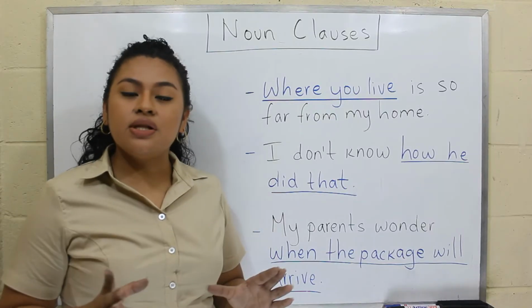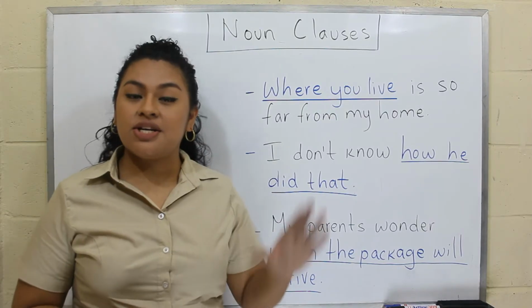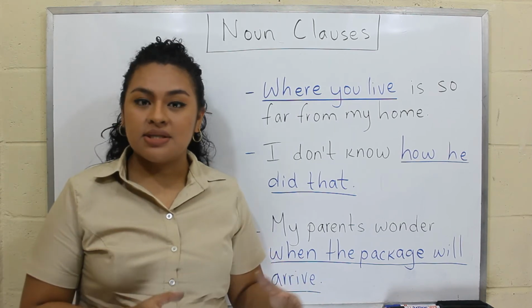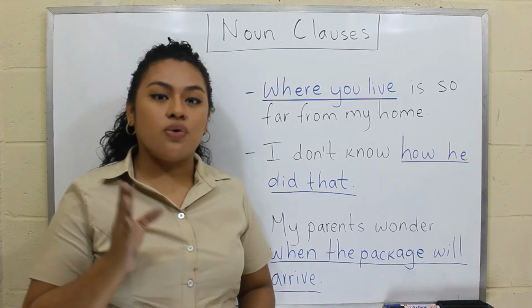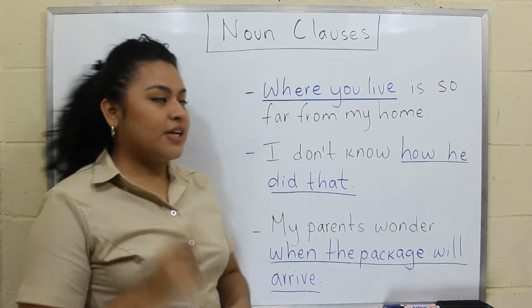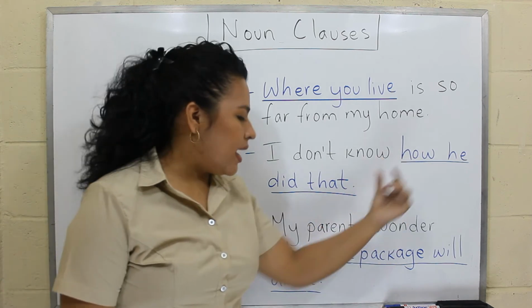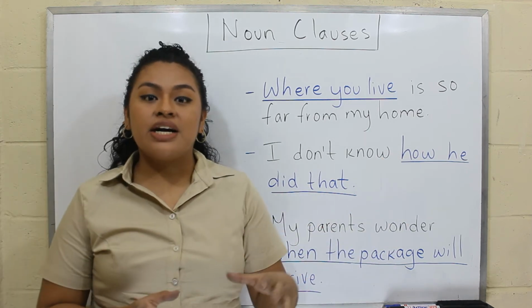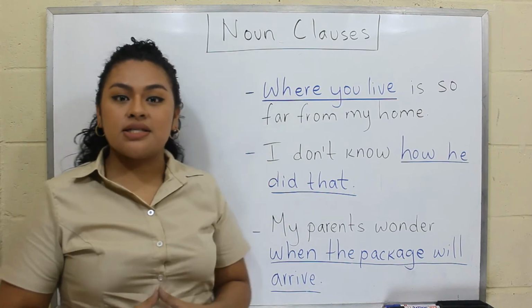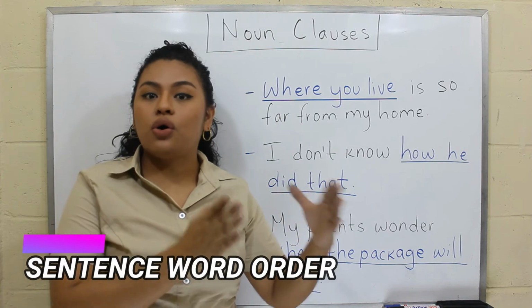And to conclude, let's see some affirmations about these noun clauses. The first one: in noun clauses, the WH word or question word is called the introductory word. For example, where, how, and when are introductory words. The second affirmation is that we use noun clauses in sentence word order.